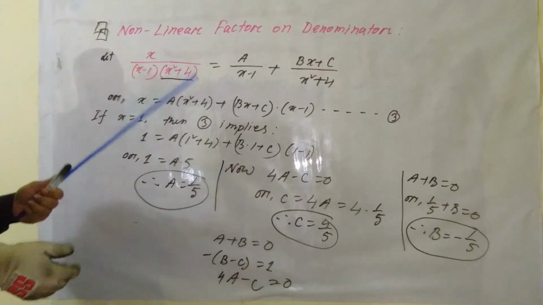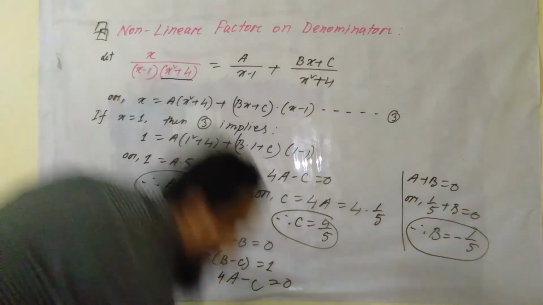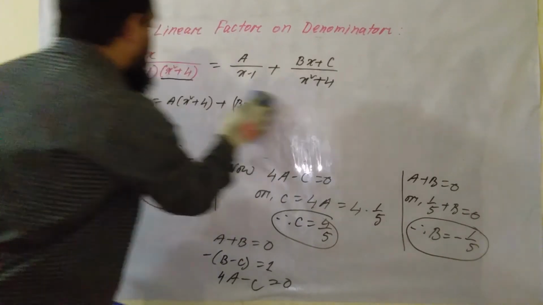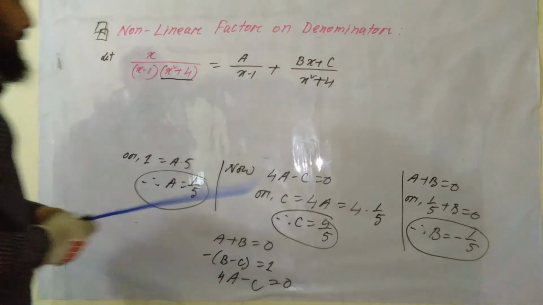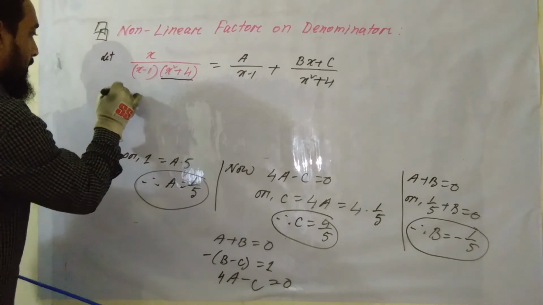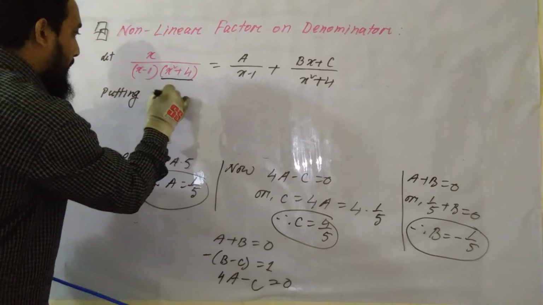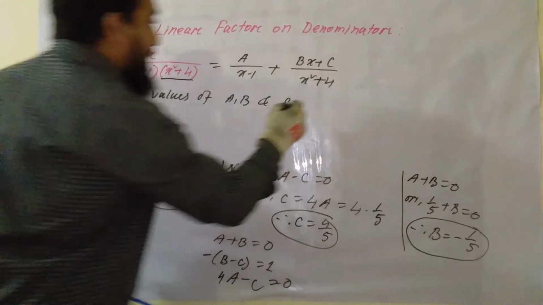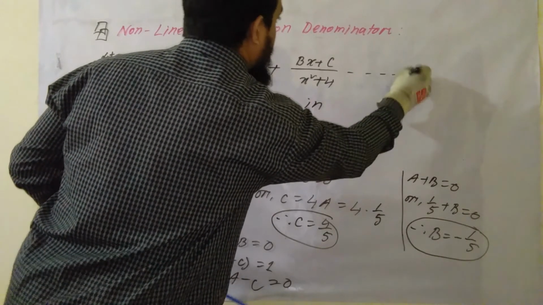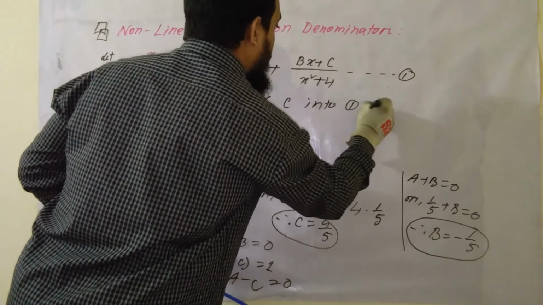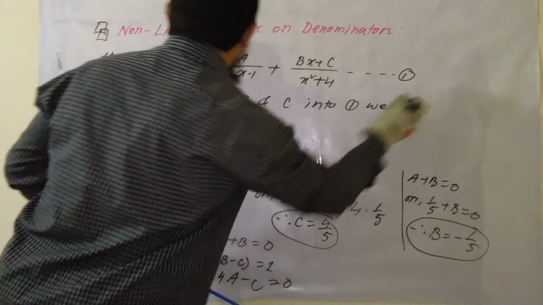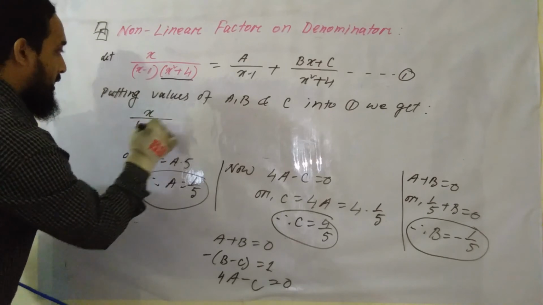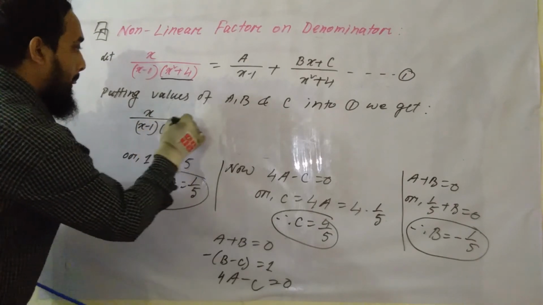Now all we need to do is put the values of a, b, c into equation 1. Okay, so let's put them. We have found the values of a, b and c. Putting the values of a, b and c into, oh sorry, this is our first equation, into 1, we get x divided by x minus 1 into x square plus 4 is equal to a.